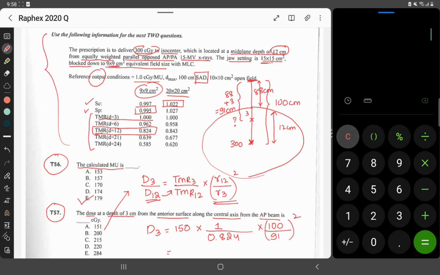Calculating 150 into 100 into 100 divided by 0.824 divided by 91 divided by 91 gives us 219.8, which is almost equal to 220, which is among the options, D.